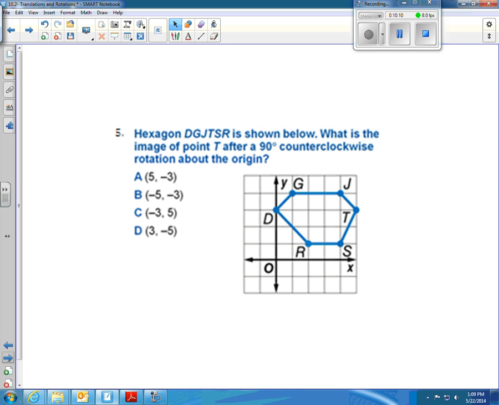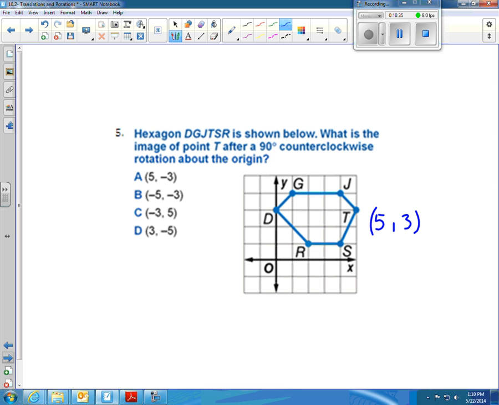Okay. In the last three problems, we're just going to use what we have learned. Here we have a hexagon that's shown below. What's the image of point T after a 90-degree rotation? So T, the ordered pair is (5, 3). All right. 90-degree rotation, the rule says we're going to multiply the y by -1 and interchange the x and y coordinates.